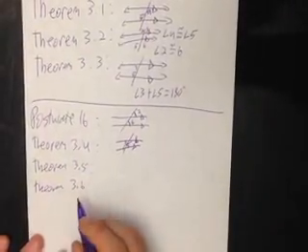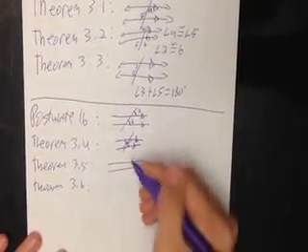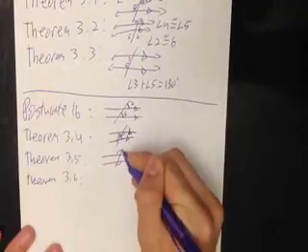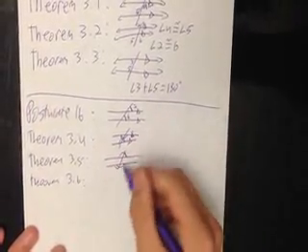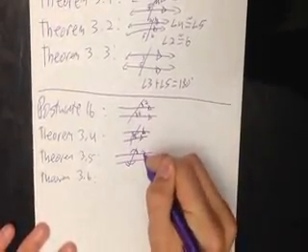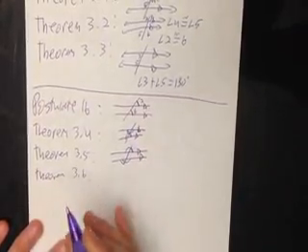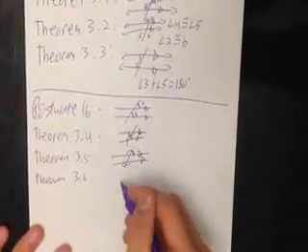Theorem 3.5 is the alternate exterior angles converse. It's where you have two lines cut by a transversal, and on the exterior you have two angles of equal value. So if these are equal, then that means the lines are parallel. We see this trend continuing because they're converses. You prove that the lines are parallel.